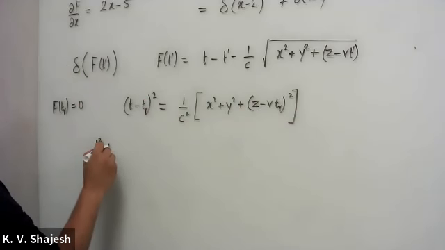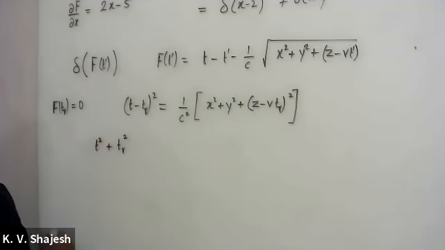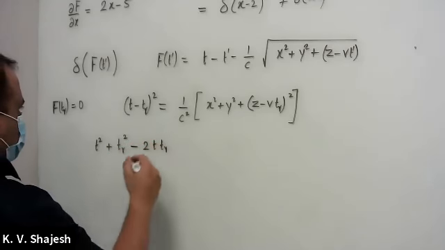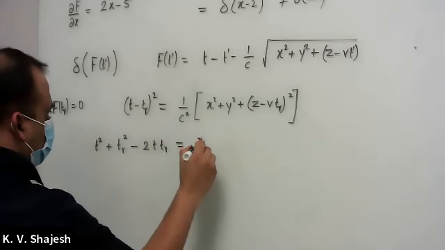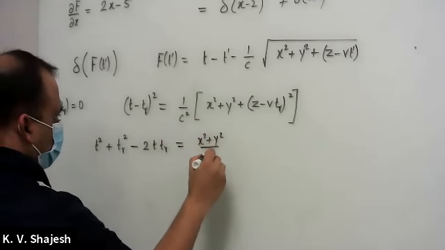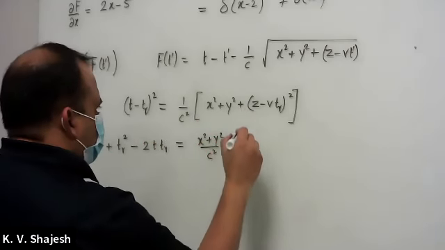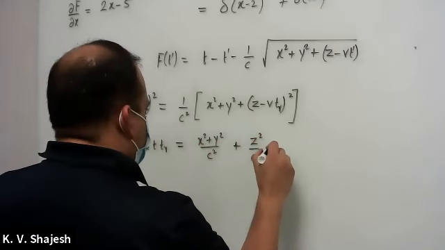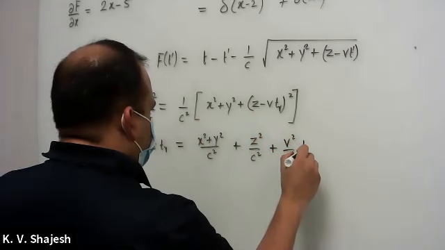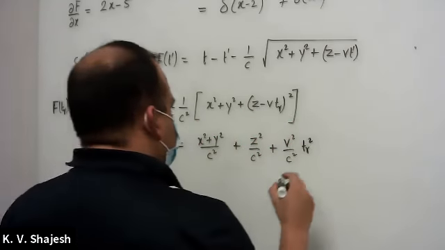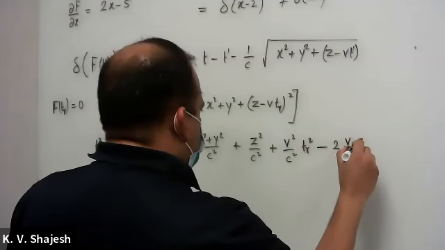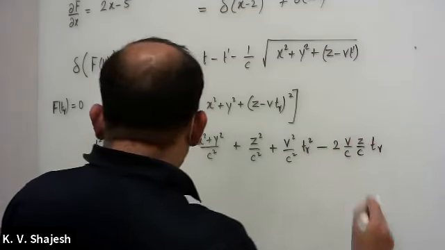So it is t squared plus t of r squared minus 2 times t of r is equal to x squared plus y squared over c squared plus the z squared over c squared, and then there is plus v squared over c squared times t of r squared, squaring these quantities, and then finally minus 2 times v over c, z over c times t of r.